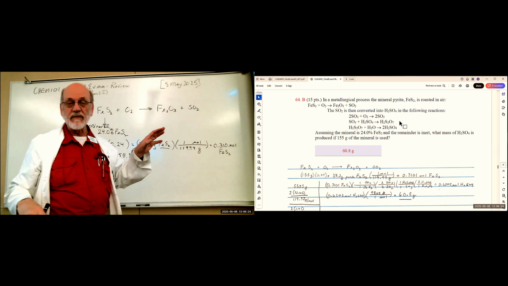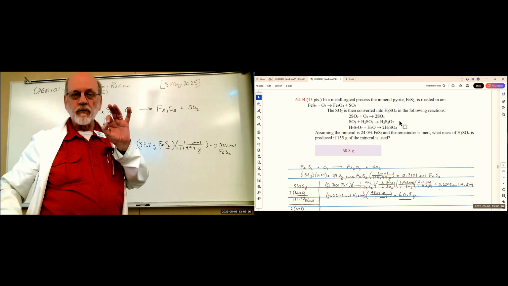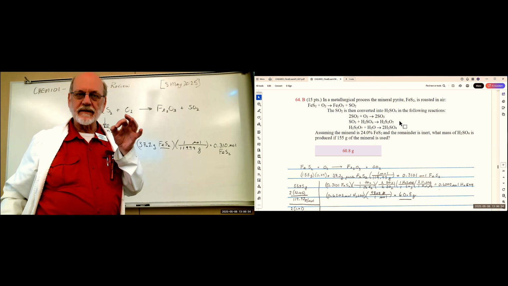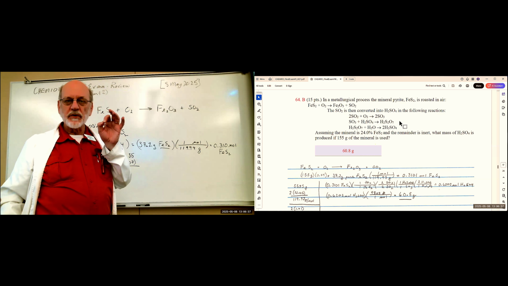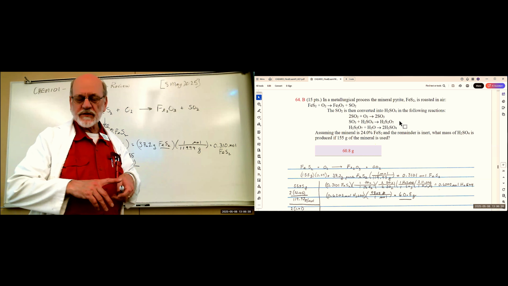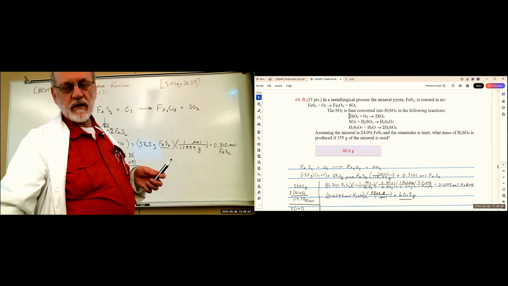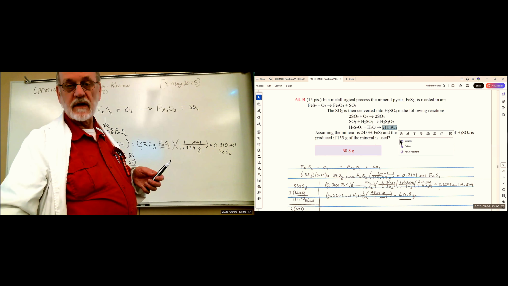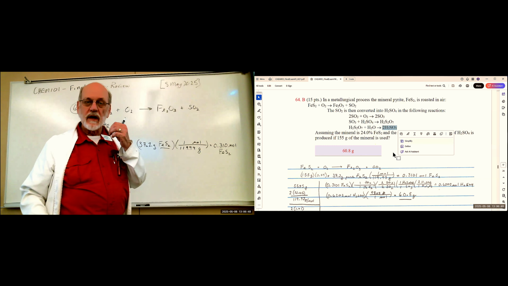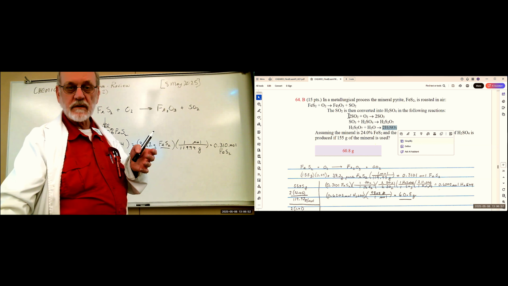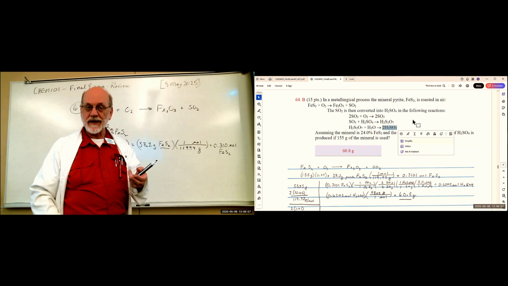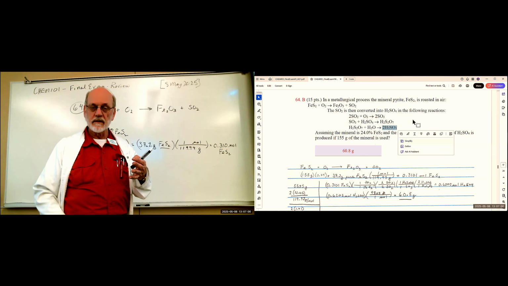Okay. Now that we've got that many moles, if we're going to conduct a reaction in which the sulfur dioxide from the reaction produces sulfuric acid, notice that the ratio here, 2 moles of sulfur dioxide gives you 2 moles of sulfuric acid. So if we find out how many moles of sulfur dioxide are produced in this reaction, that's the same as the number of moles of sulfuric acid, H2SO4.